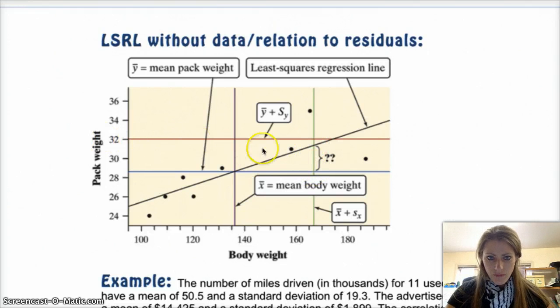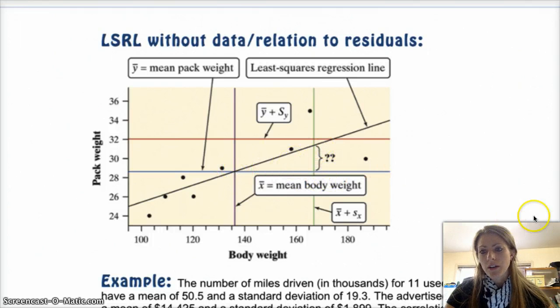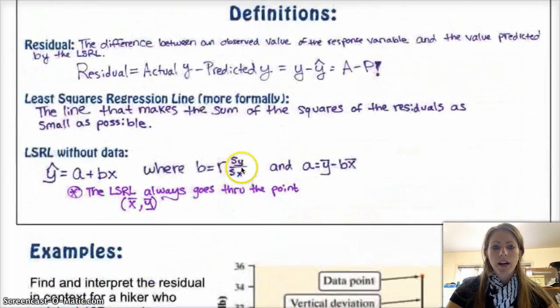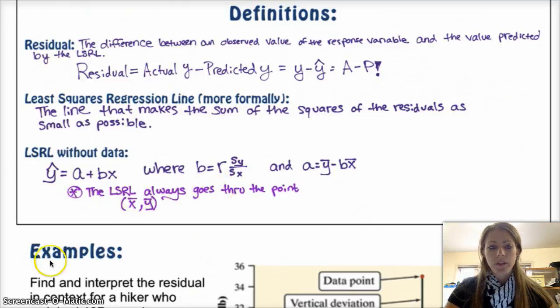This red value here is the mean of the y's plus the standard deviation of y. So the slope goes over the standard deviation and goes up r times the standard deviation of y. That's the relationship and why you have this formula, r times s sub y over s sub x, because you go over s sub x and you go up r times s sub y to get the slope of the line of best fit.